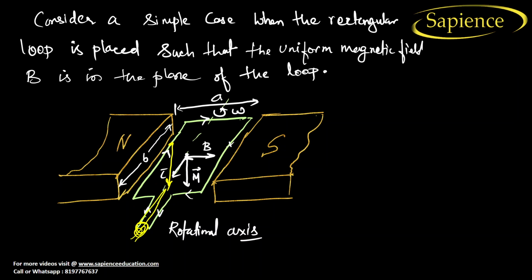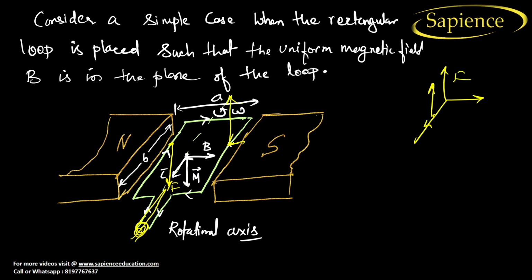The axis is fixed, so the loop is only able to rotate. Now, if force F1 is downward, let us suppose in this other case the current is coming in this direction and the magnetic field is acting in this direction. So the force on the current carrying wire will act upward.